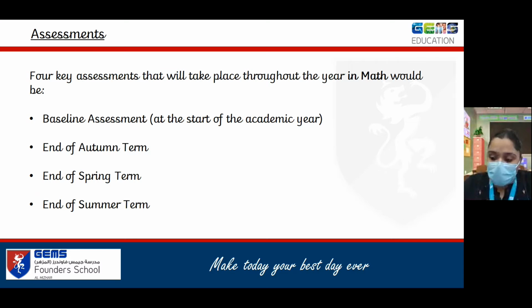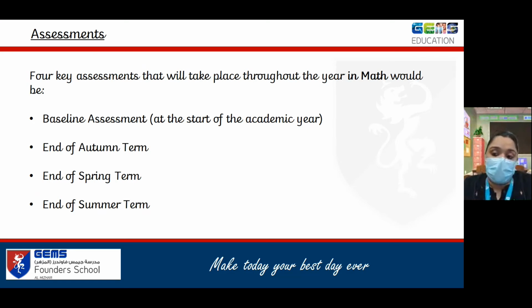Assessments. Now, there are 4 key assessments that take place throughout the year in Key Stage 1. The first is the baseline assessment that happens at the start of the academic year. The baseline assessment is basically a set of questions that is provided to the children.